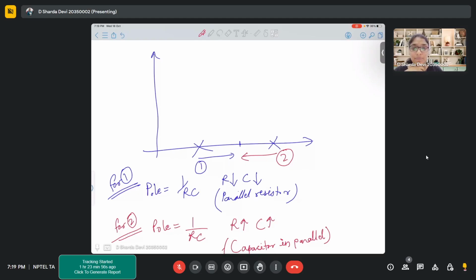You have to find that on the x-axis only, that is the omega part of it. Pole and zero ultimately mean they are frequencies, right? At what frequency your transfer function goes to zero, at what frequency your transfer function goes to infinity. That is the idea with which we introduce poles and zeros, so they are ultimately frequencies.